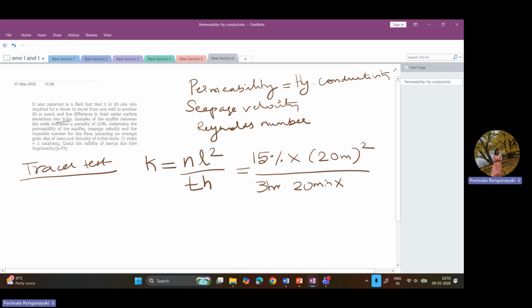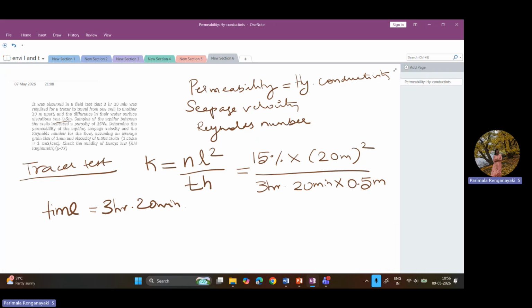If you see the head difference, it is 0.5 meter. Let us just change this time alone. We'll have it in day maybe, 3 hour 20 minutes.